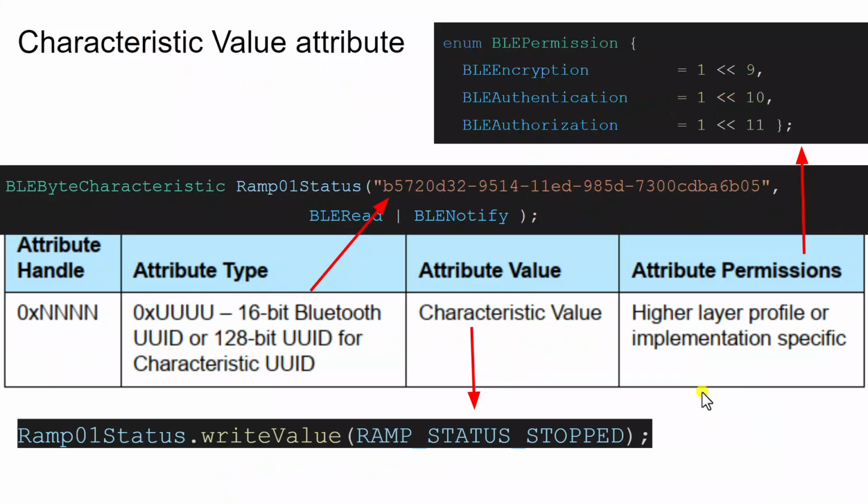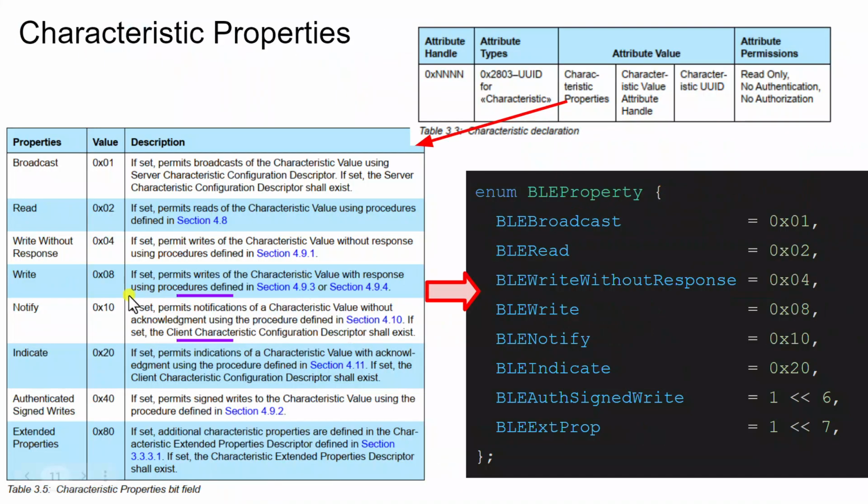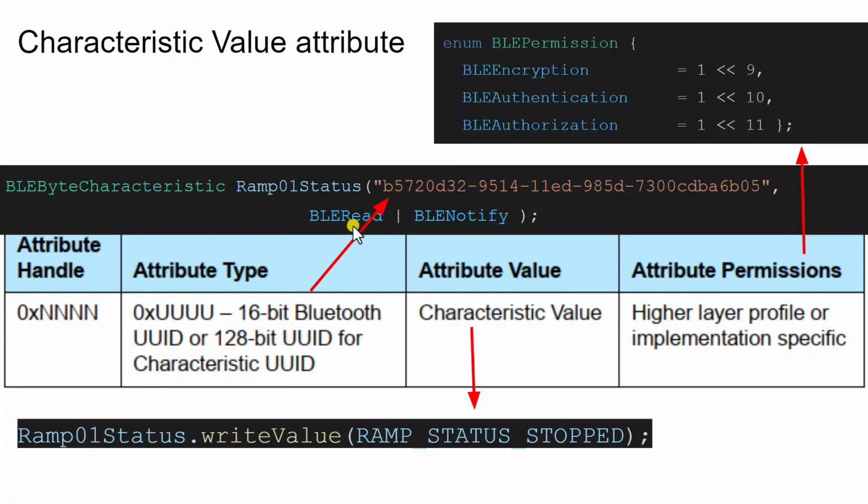So the permissions part right here, that's actually handled with the reads, and that was the properties here. So our read and writes are for setting whether this attribute is readable and writable. What this says is that the client is able to read the status, but it can't write to it.